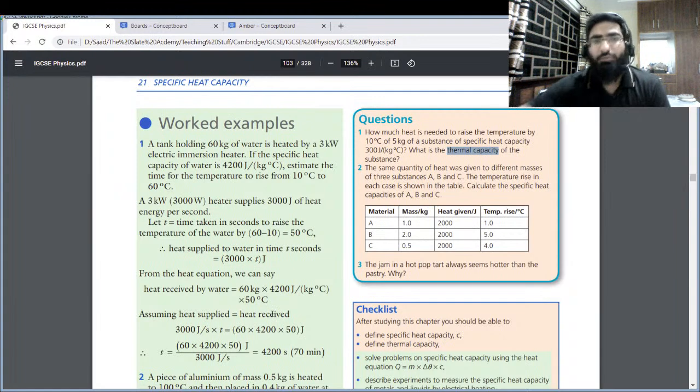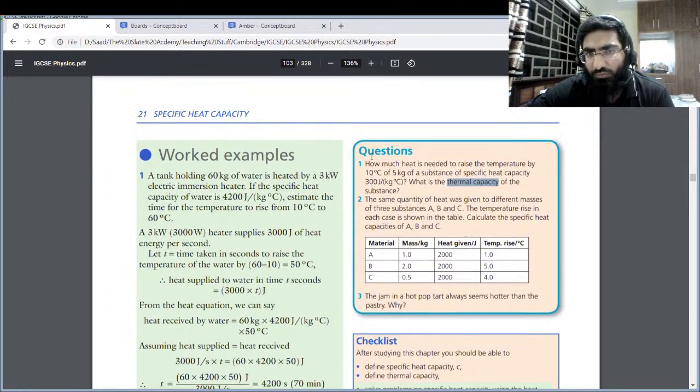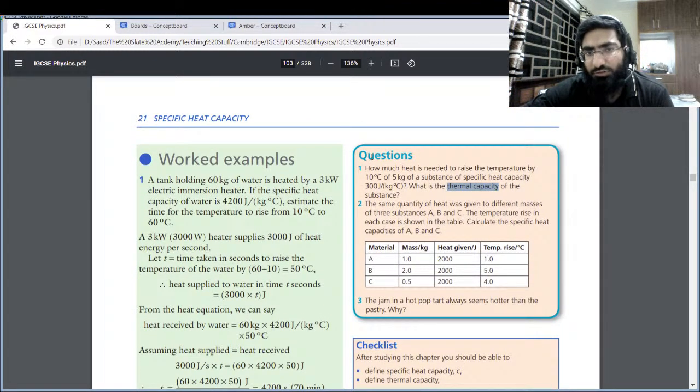See, the formula for thermal capacity is mass times specific heat. So simply 5 into 300. So 1,500. Yes, 1500.